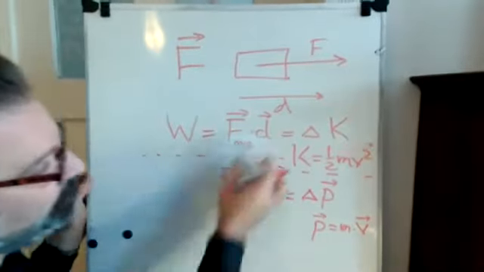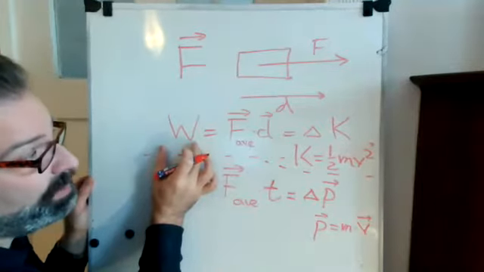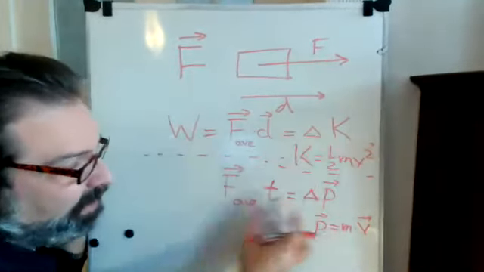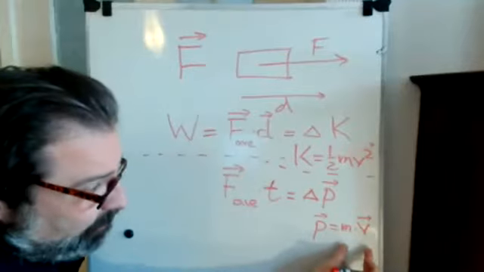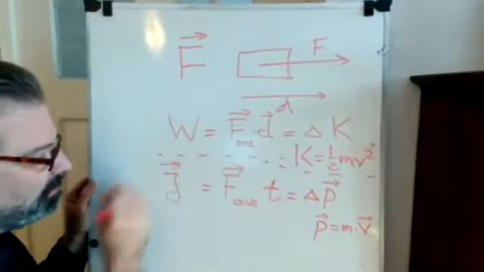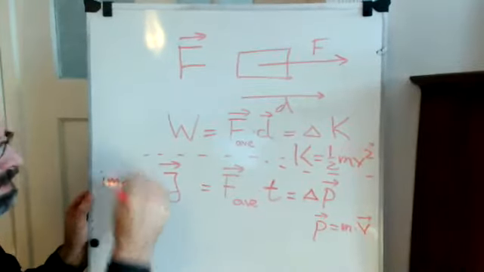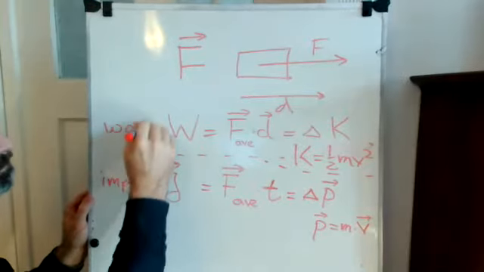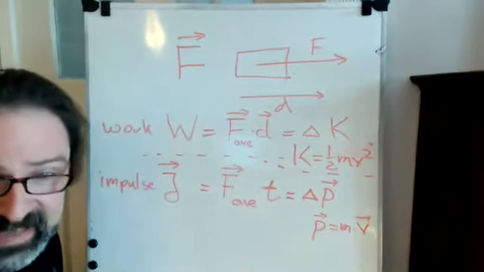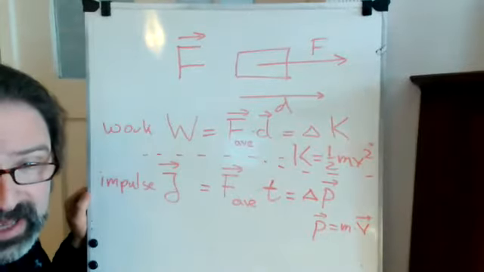And now we need a name for that in parallel as well, because work was the thing that changes kinetic energy. The thing that changes momentum, we will call impulse, J. But the same thing absolutely in parallel applies.